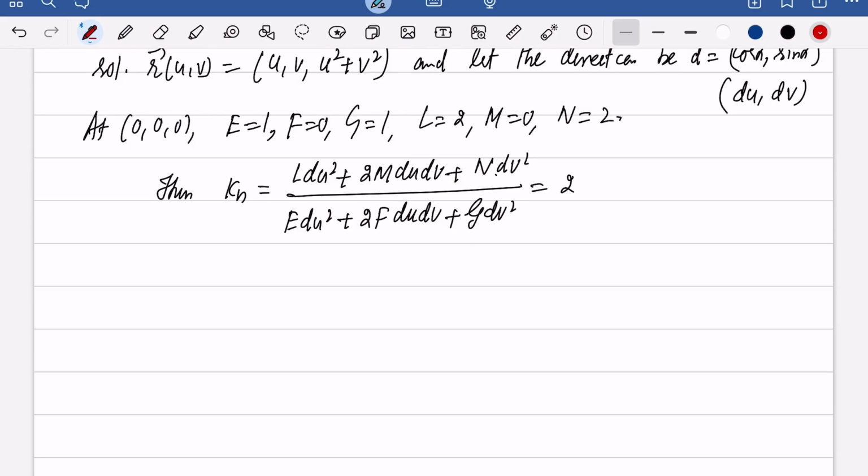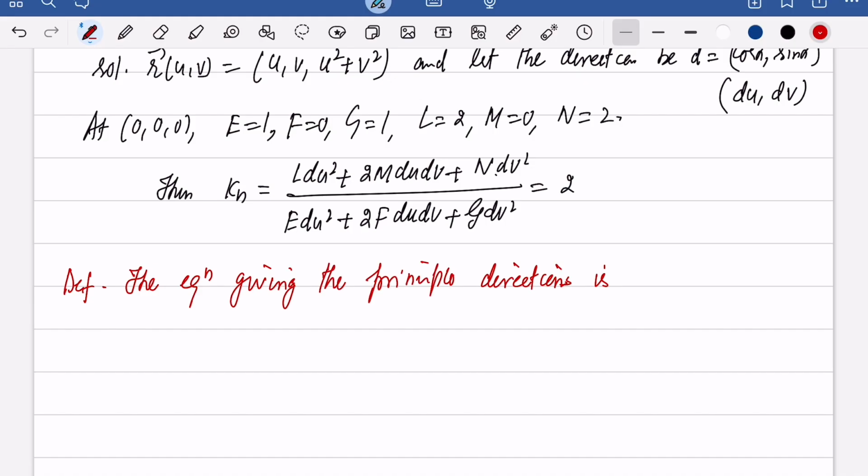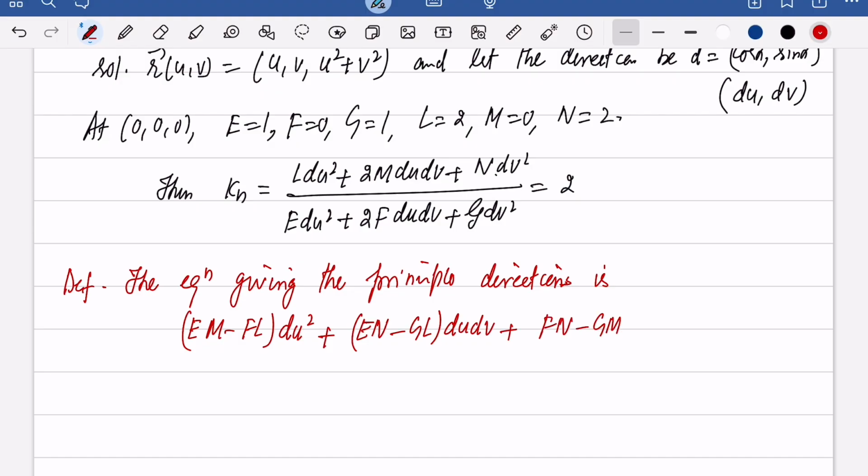Now we mention some results here. This is in fact one kind of a definition. The equation giving the principal direction: we actually always have two principal directions, and the equation that gives these principal directions at any point is given by (EM minus FL) du square plus (EN minus GL) du dv plus (FN minus GM) dv square equal to 0.